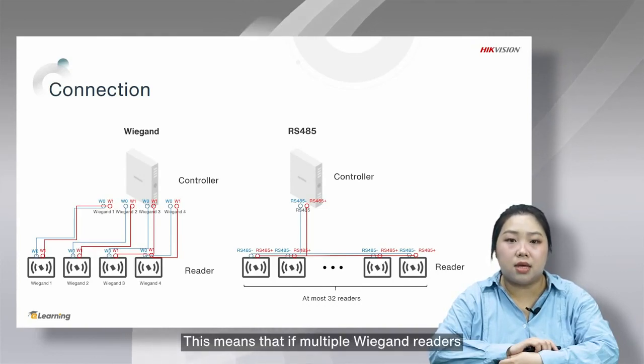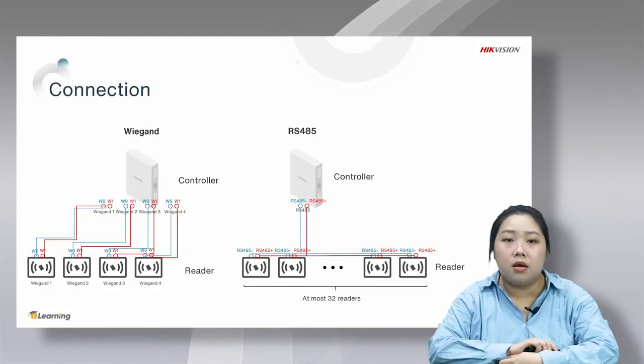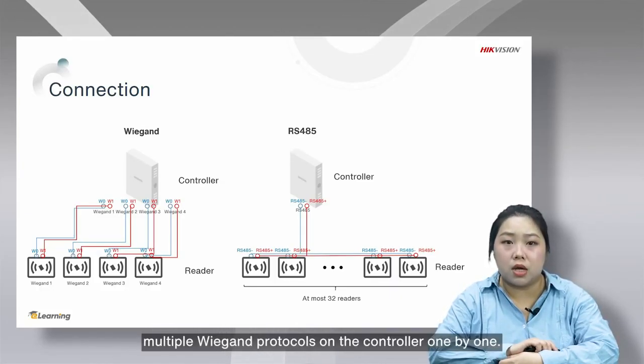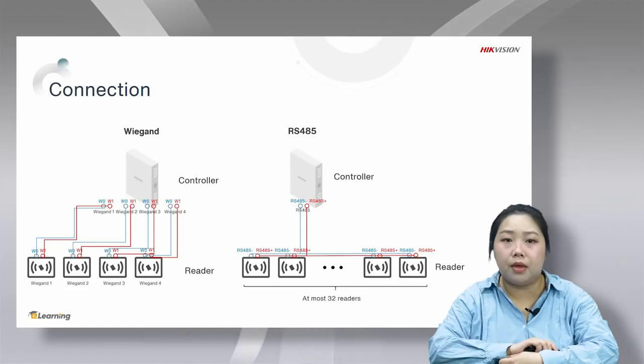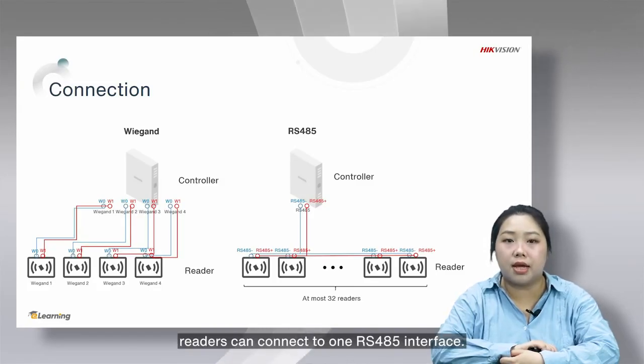This means that if multiple Wiegand readers need to connect to a controller, they will use up multiple Wiegand ports on the controller one by one. In contrast, with RS-485 connection up to 32 readers can connect to one RS-485 interface.